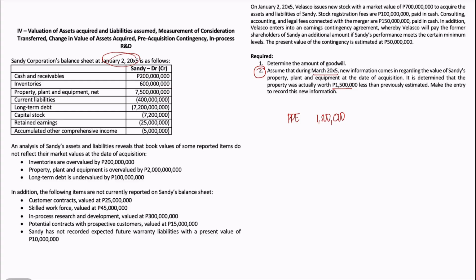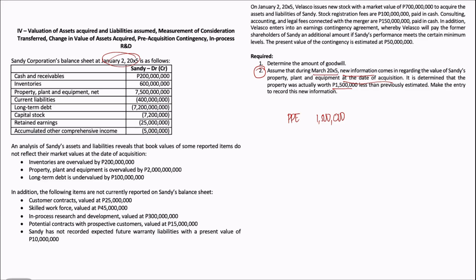Now, since the change is due to new information regarding the value of Sandy's PPE at the date of acquisition, and the change is within the 1-year measurement period, the change is adjusted to goodwill.